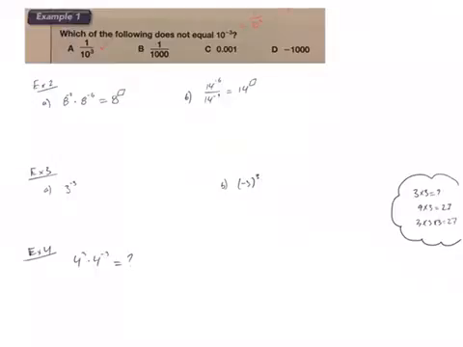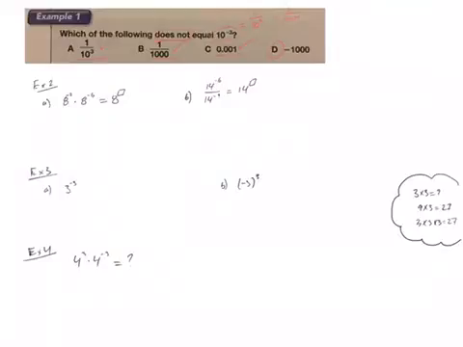So it's going to be 1 over 1,000. And if you divided that out as a decimal, you'd get 0.001. So the one that does not equal would be D. It doesn't mean some negative number; all three of these are equivalent.